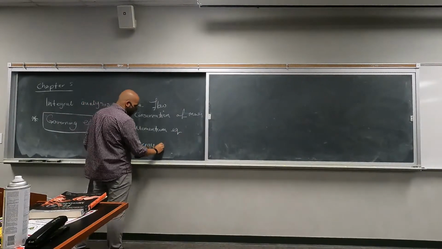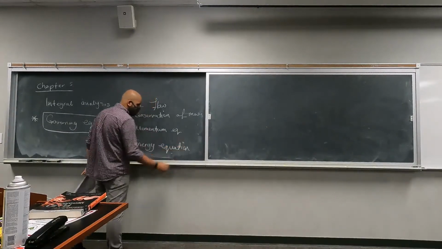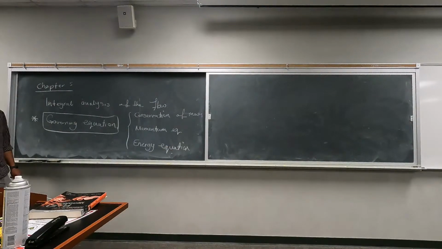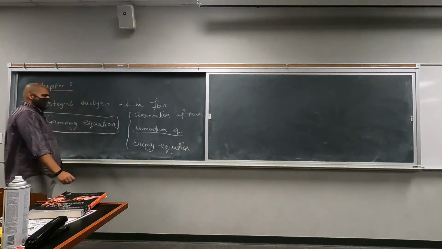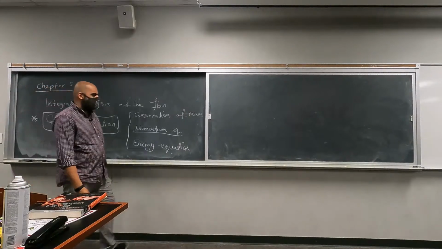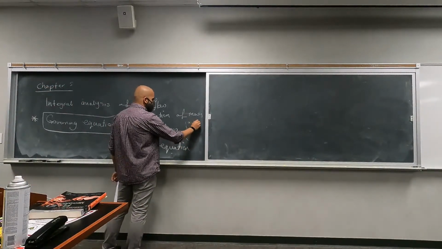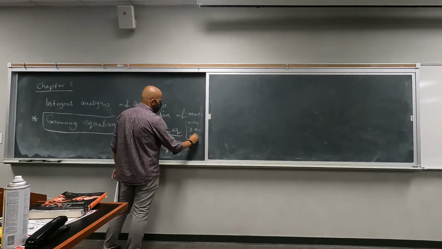The general form of the momentum equation by itself is 3 different sets of equations, mainly because forces and momentum are directional. Momentum itself is a vector, right? So if you are dealing with a Cartesian coordinate system, we effectively have 3 different equations.